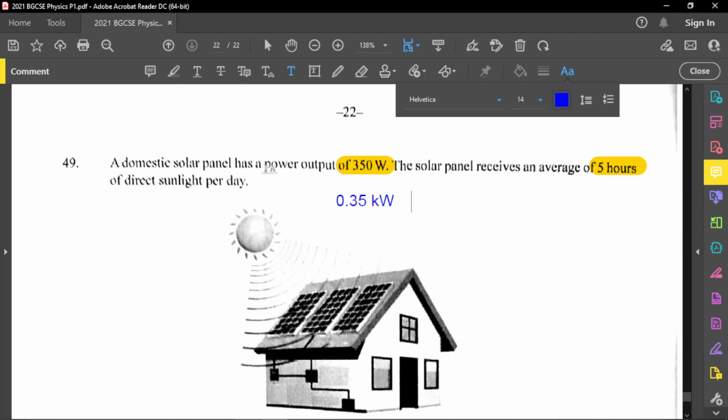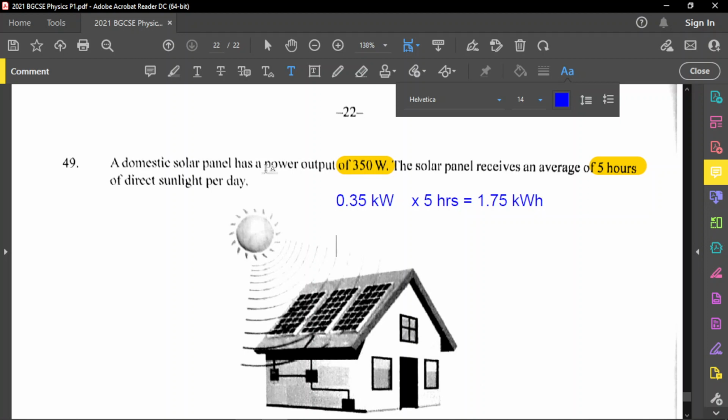So we multiply power by time to get our kilowatt hours: 0.35 kilowatt multiplied by 5 hours gives 1.75 kilowatt hours.